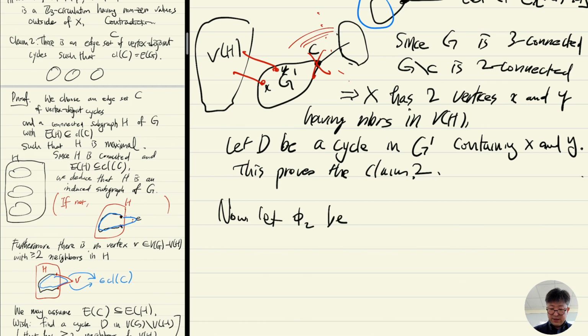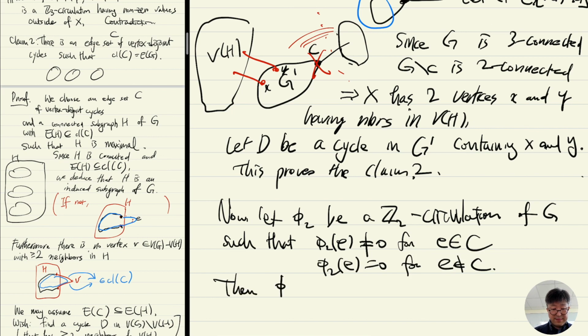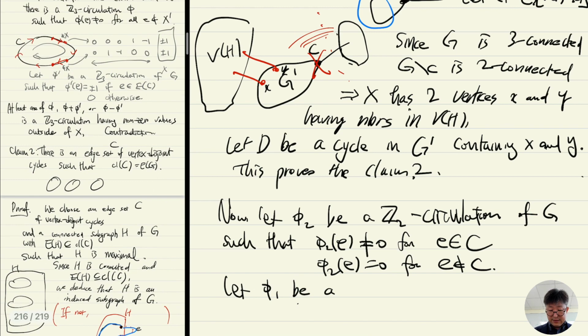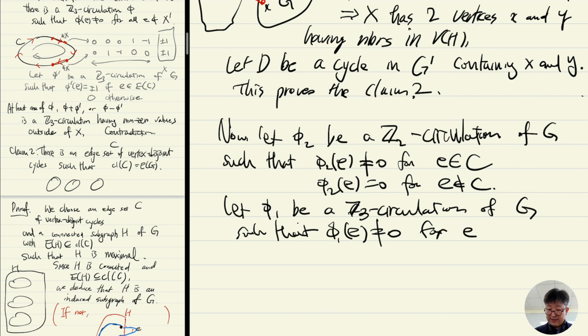Let phi 2 be a Z2 circulation of G such that phi 2 of E is non-zero for edges in C, and phi 2 of E is 0 for edges not in C. Then let phi 1 be a Z3 circulation of G such that phi 1 of E is non-zero for edges not in C, and I can only guarantee that inside it could be something else.